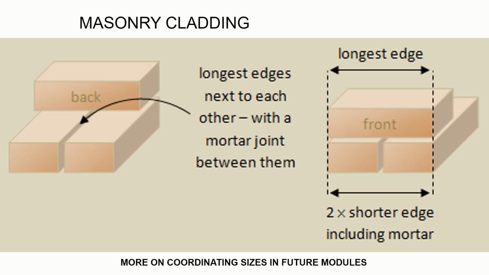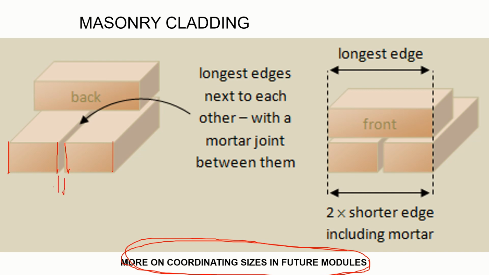So if we're looking at brick, we're going to cover coordinating sizes for brickwork in future modules. So we don't need to know too much about it just now, but it's worth having a think that the size of bricks is related to the length of them. So we can say that the width of 2 bricks plus a standard 10 millimeter mortar joint equals the length of a brick on its side.